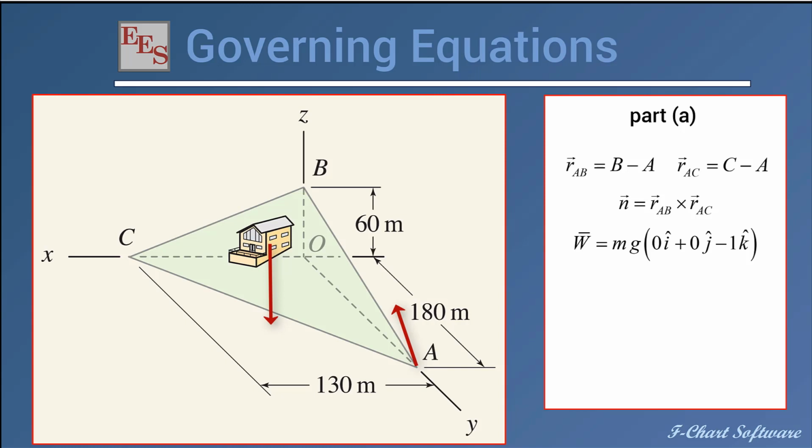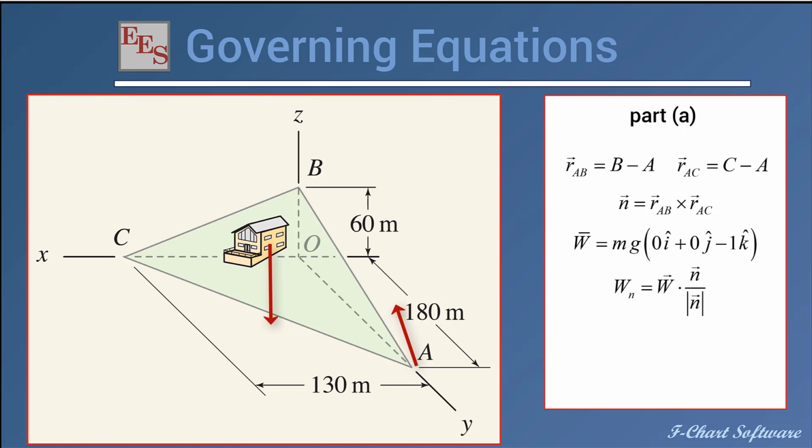So if I want the component of the weight that's normal to the plane, I would just take the dot product of this weight vector and the unit vector N. So I'm just going to take the dot product of W and then N divided by the magnitude of N. So that's what I have here.